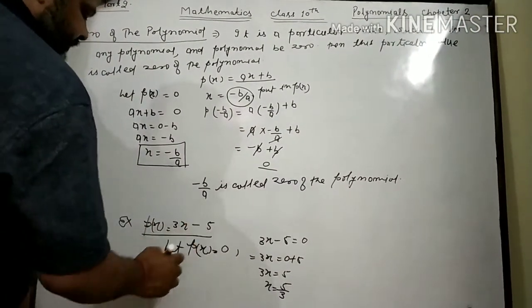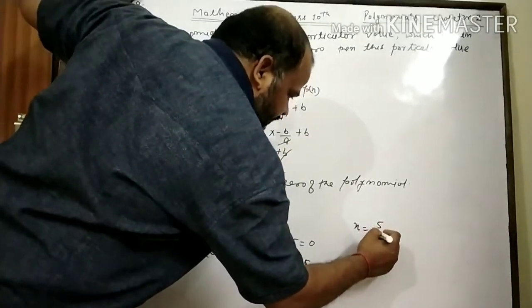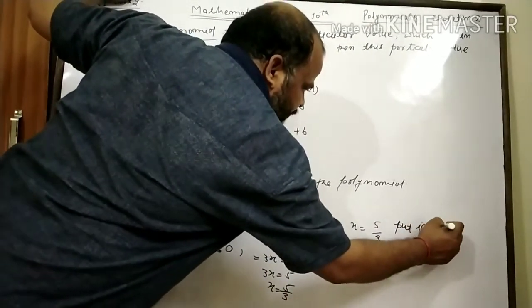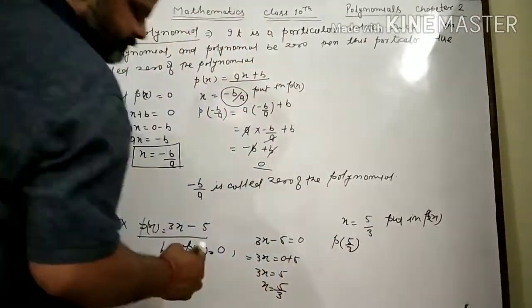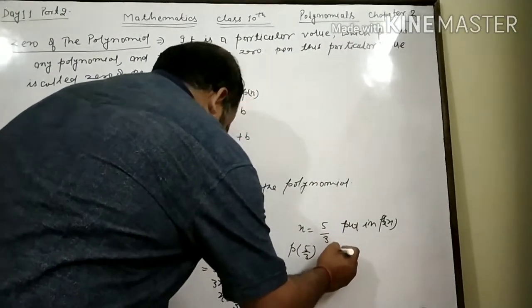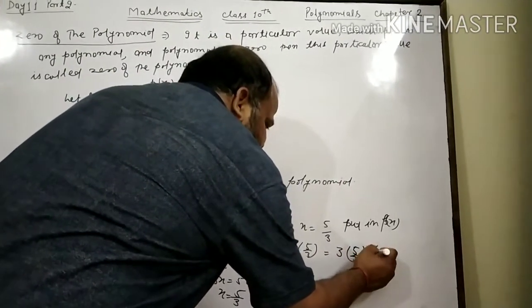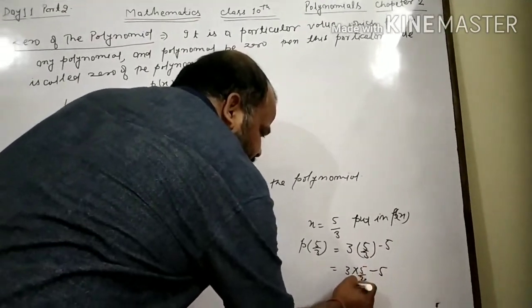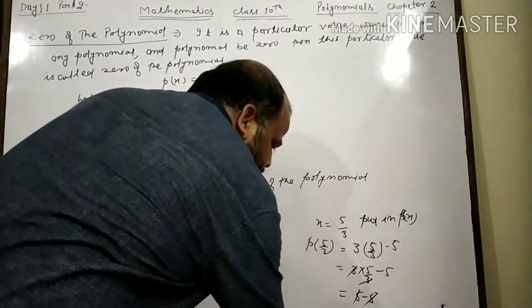Now x is equal to 5 by 3, put in p(x). Clear? Then you see p(5 by 3) is 3 into 5 by 3 minus 5. 3 and 3 both are cancelled, 5 minus 5, it is 0.